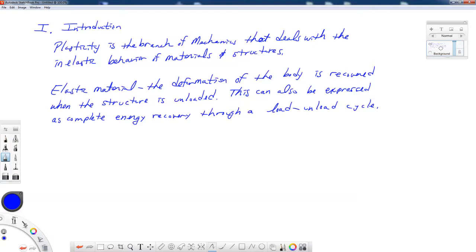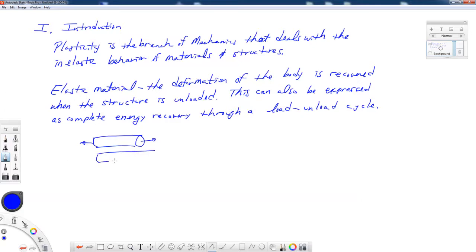And so when I talk about plasticity, it's probably easiest if we first mention what elasticity is, just to give a counter to that. One way to define elastic material behavior is that when you load a body and unload it, its deformation is recovered. So if we were to take a bar, steel or whatever, and load on it, we know that we're going to stretch it out.